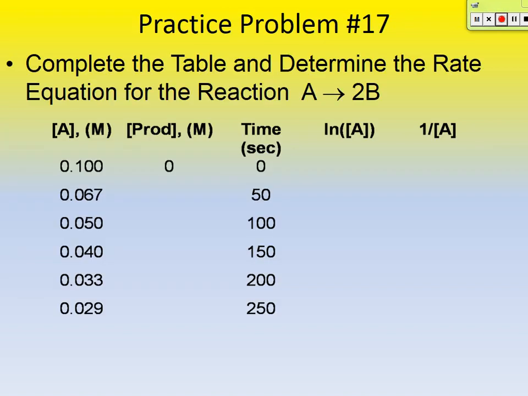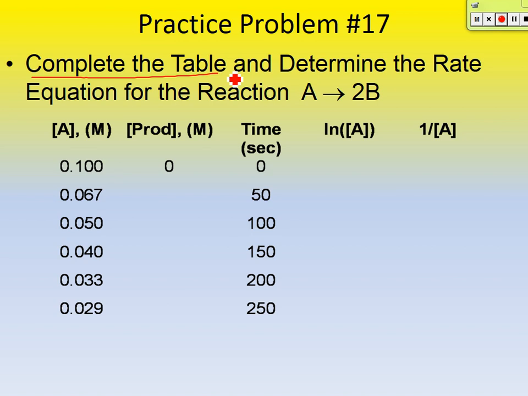All right, so let's go through a practice problem. I'm going to go through this one with you, but there's 2 more that are going to follow that you're going to have to do on your own, so please watch. Practice problem 17. It says to complete the table and determine the rate equation for this reaction A going to 2B. So first of all, let's complete the table. What does that mean?